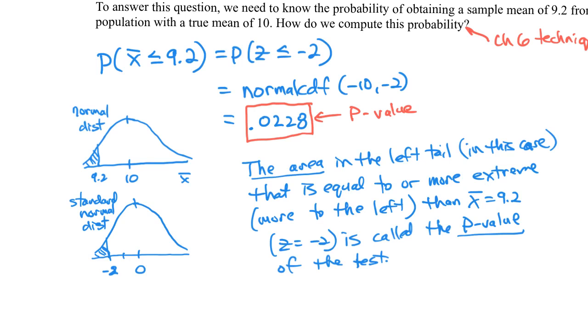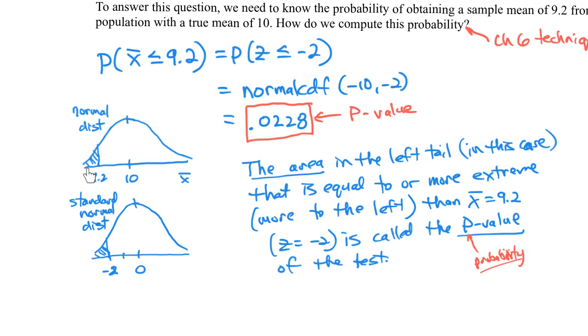This area is called the p-value. But also, another way you can interpret it, p stands for probability. So the p-value, you can interpret it as the area under the curve or the probability.